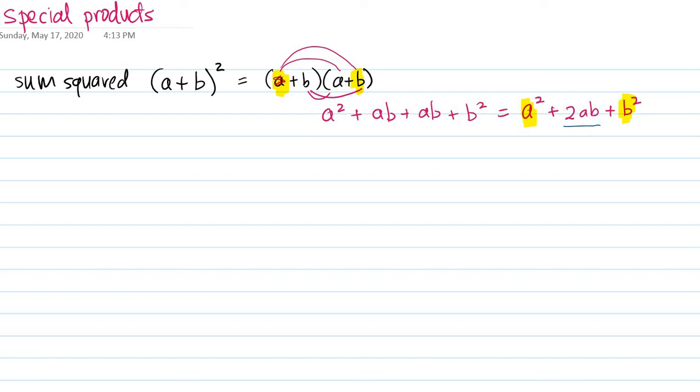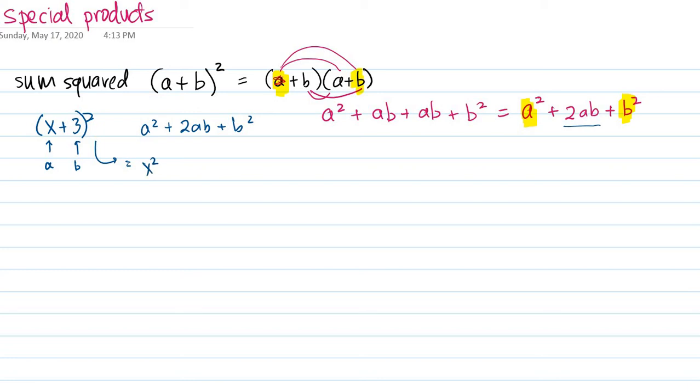So for example, if I gave you this problem, (x + 3)^2, this x is like a, and the 3 is like b. So if I'm going to follow the pattern, a squared plus 2ab plus b squared, the a squared: if I square x, I get x squared.